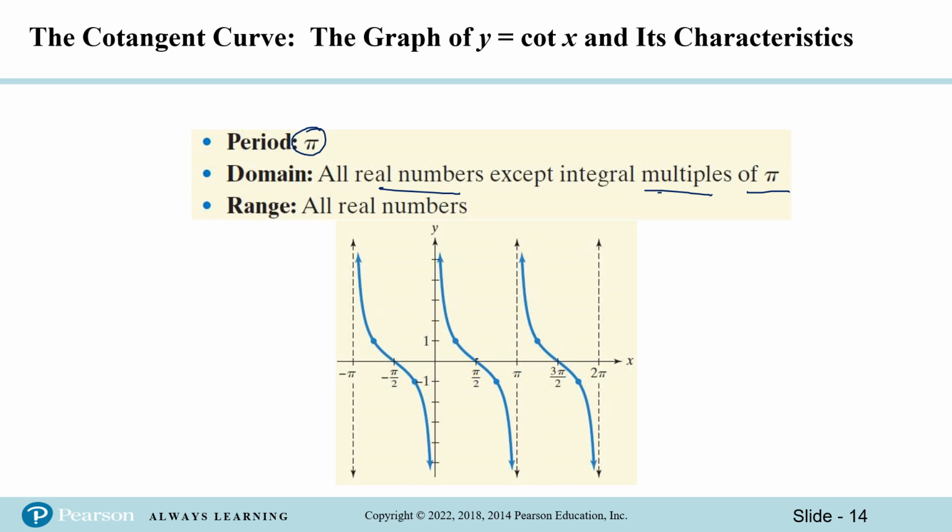And instead of going up, across, and up, we're going to go down, across, and down. And this one a quarter of the way is going to be a positive 1. This one a quarter of the way is going to be a negative 1. And again, halfway between is going to be an x-intercept.